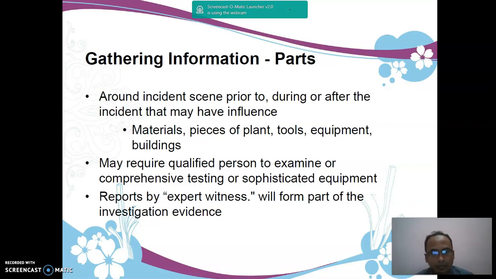The report for the parts is required to be executed by an expert witness, and this expert witness has to make a report on their findings. This report can be taken as investigation evidence that will be included in your accident investigation report.